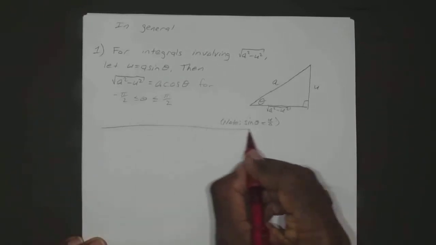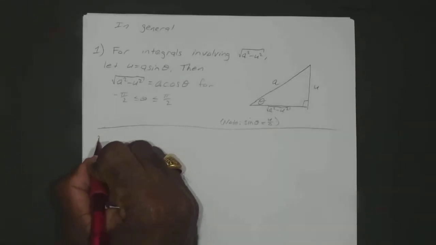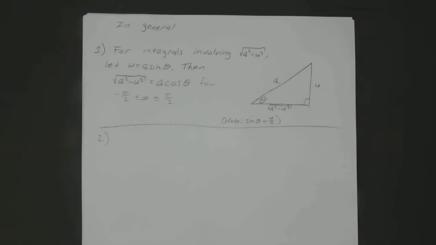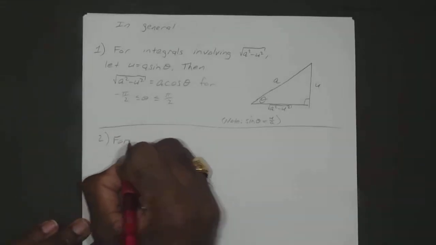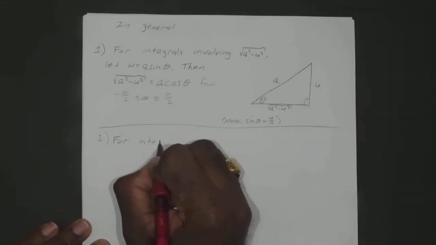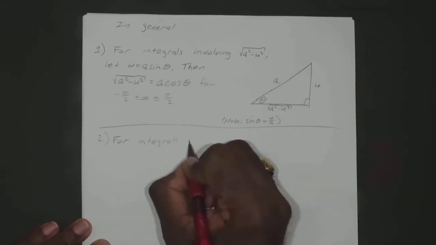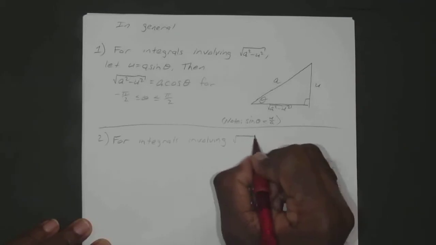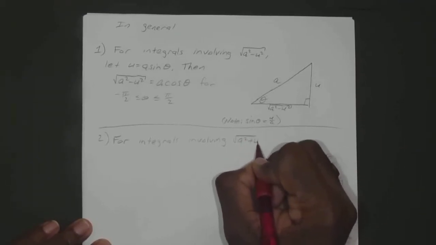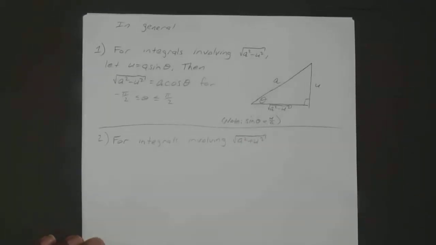All right, so let's go to the second one. We're not going to prove the second one, we're just going to go right into it. It's pretty much proven the same way that the first one was. So what if we have integrals involving the square root of a squared plus u squared?